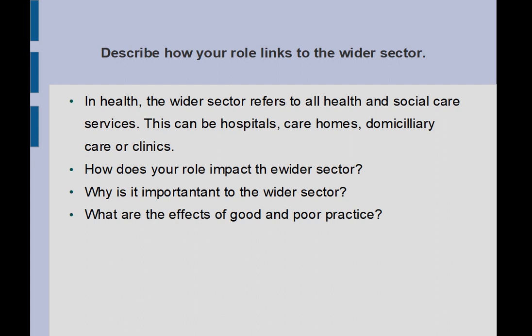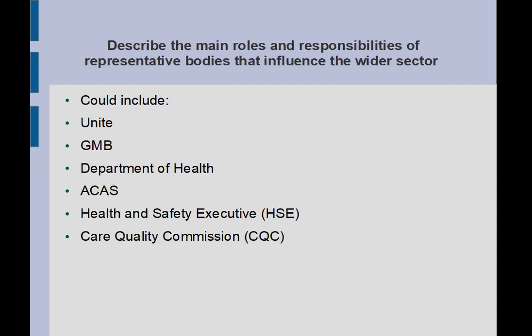Okay, next one, we have describe the main roles and responsibilities of representative bodies that influence the wider sector. Now, employee representative bodies include Unite and GMB, they're unions, so their roles and responsibilities would include being present or representing people depending on the circumstances in, let's say, grievance procedures.